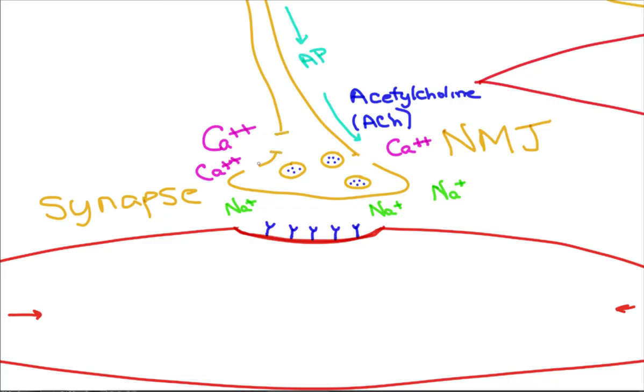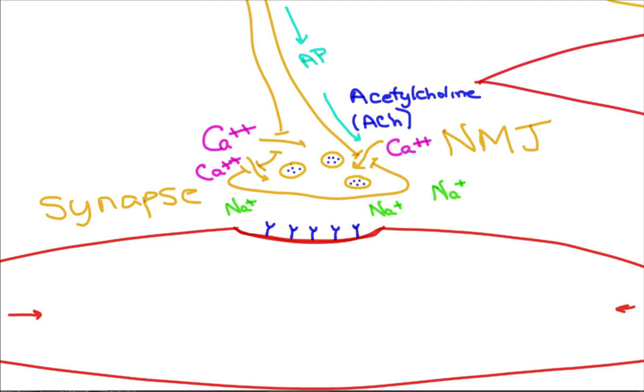Now, when the gates open, what do you think is going to happen to calcium? There's a gradient. It's at high concentration out here and very low concentration inside. And so calcium is going to move down its gradient and move into the terminal end of the neuron. That's going to change some stuff here in the terminal end.